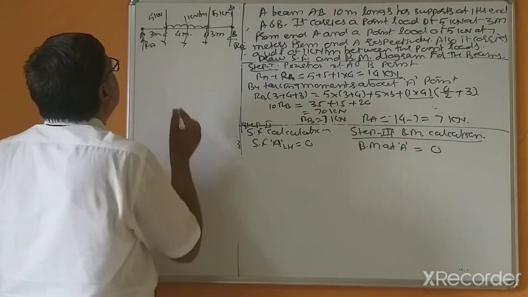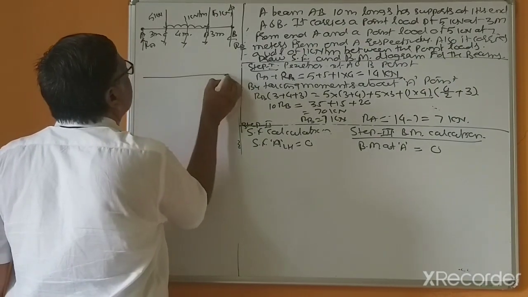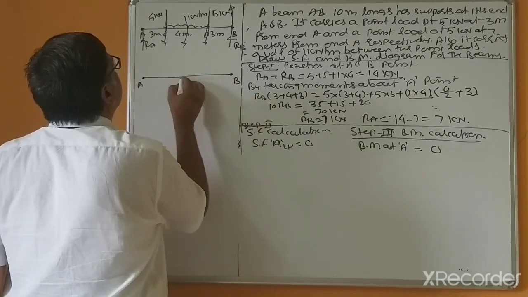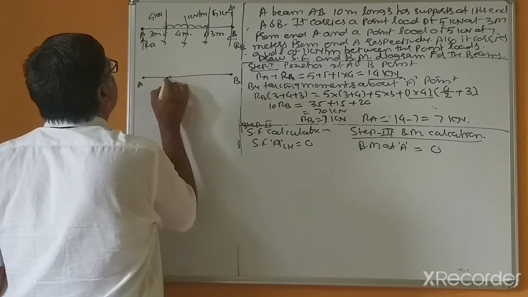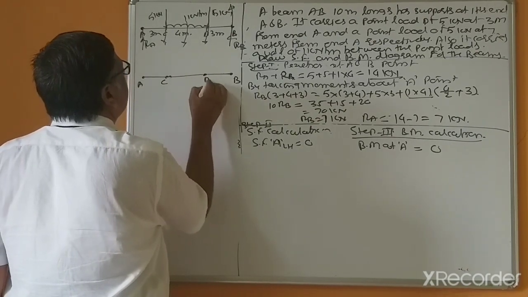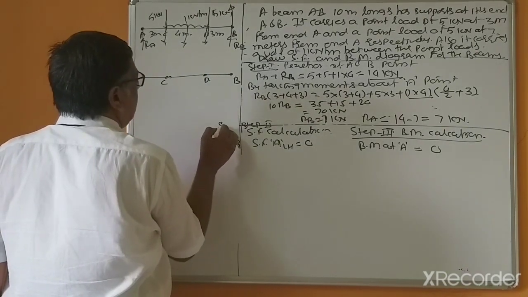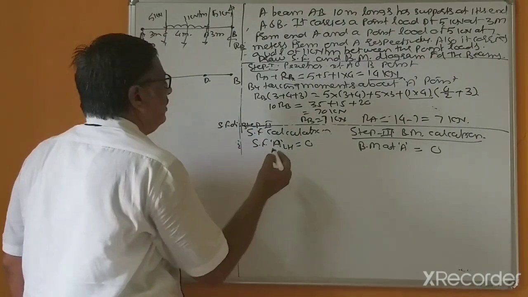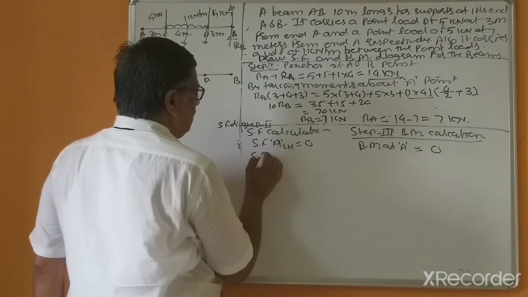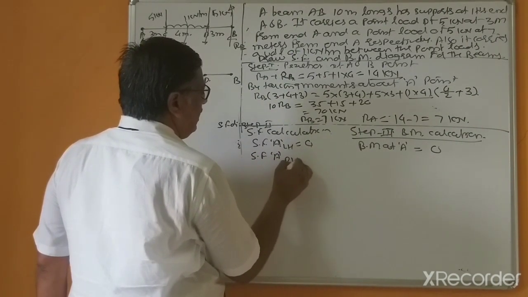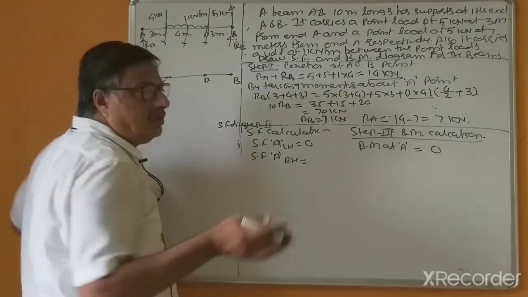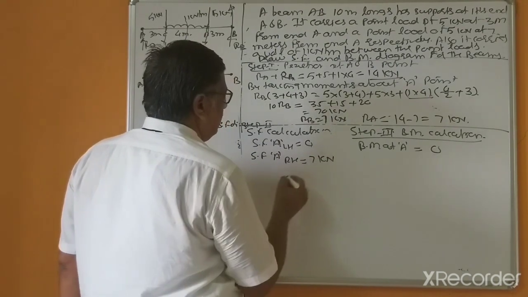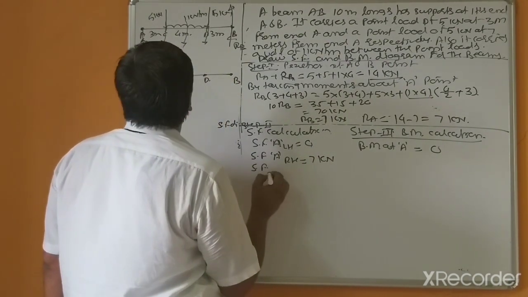Alright. So here is point A, point B, this is point C, and this is point D. This is the shear force diagram. Shear force at the left of point A is 0, and at the right equal to RA, upwards 7 kilonewton, so positive 7 kilonewton.